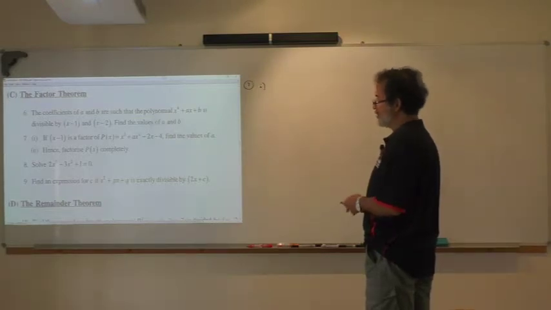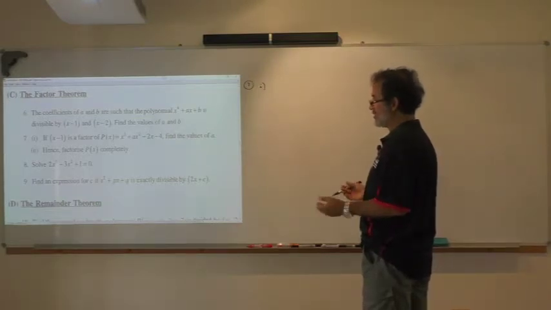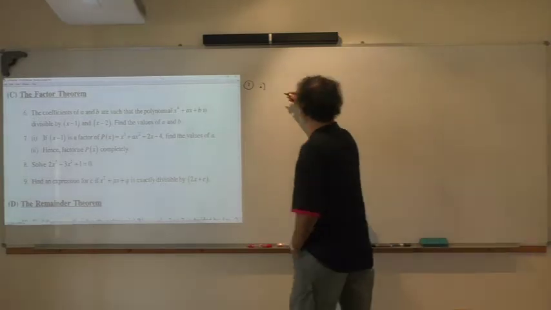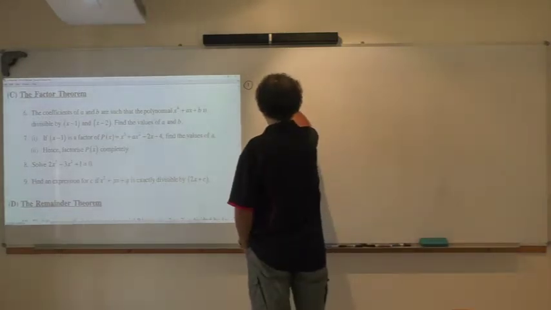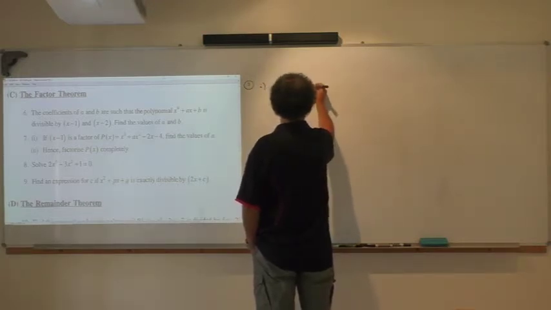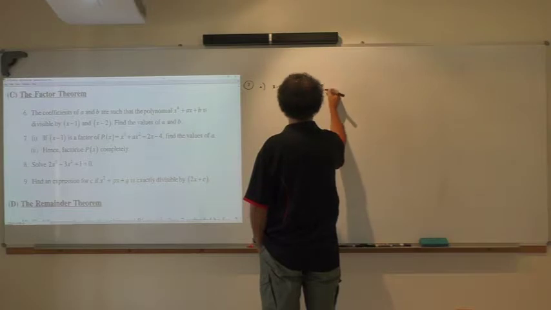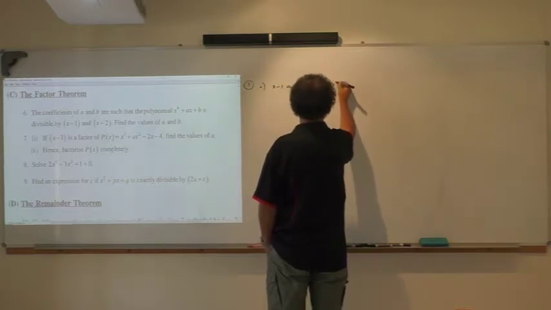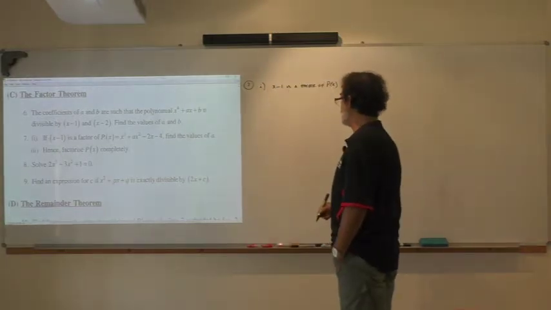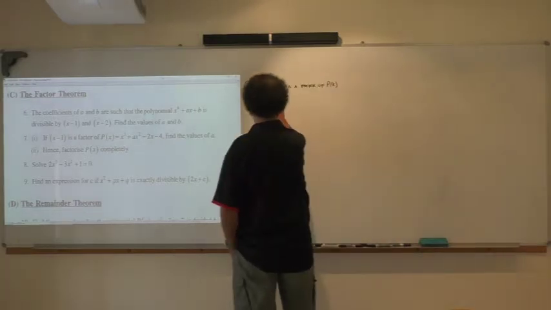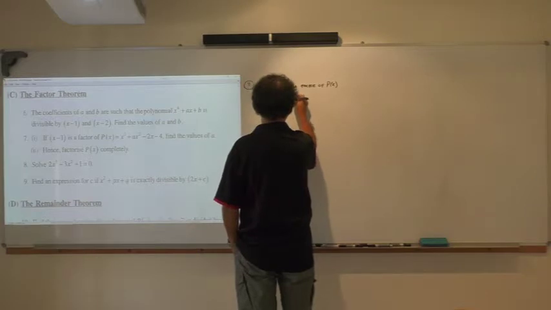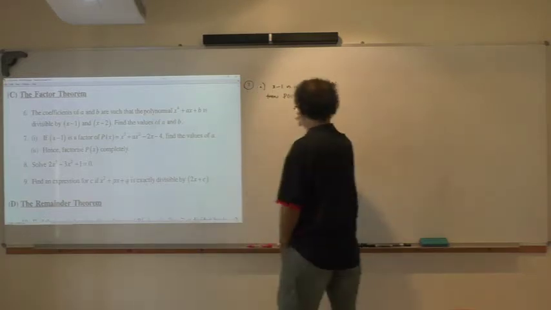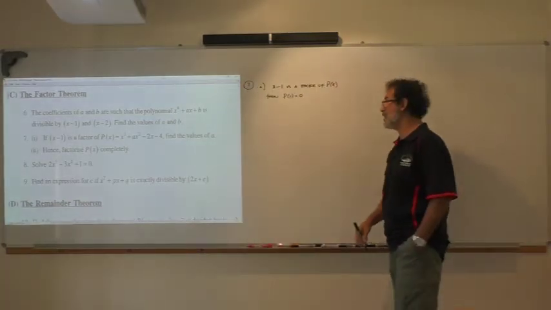In here we have only one coefficient missing, and because x minus 1 is a factor, then it's great, because we can say this: x minus 1 is a factor of that polynomial p of x, then p at 1 must be equal to 0. That is coming from the factor theorem.